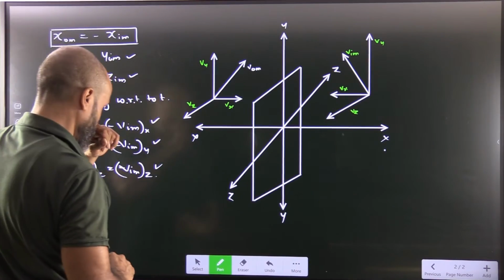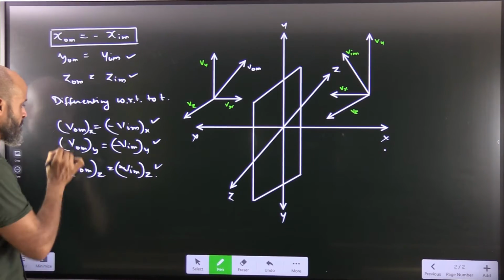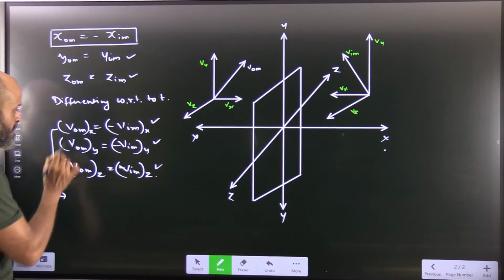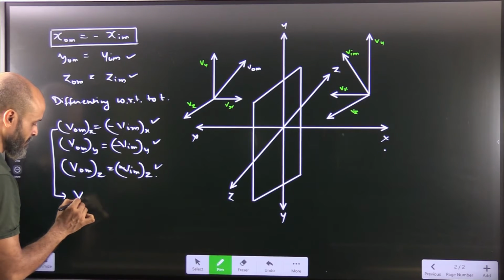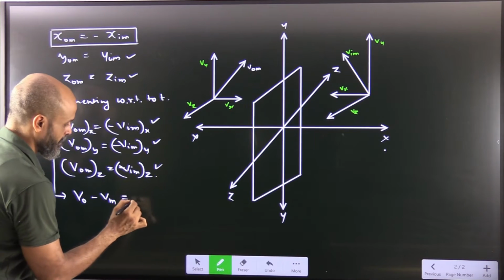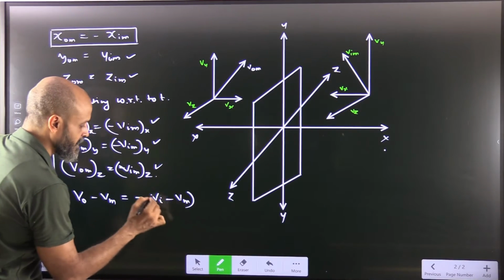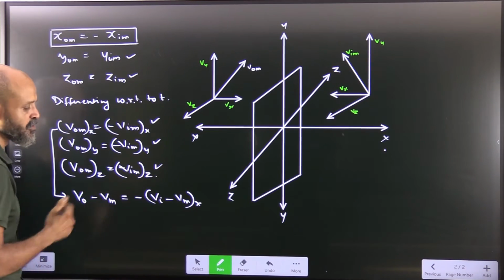Now if the mirror is moving, then what? If the mirror is moving, let's expand this. This means velocity of the object minus velocity of the mirror, minus velocity of the image minus velocity of the mirror. That's all that we have to do. Obviously these two remain the same.